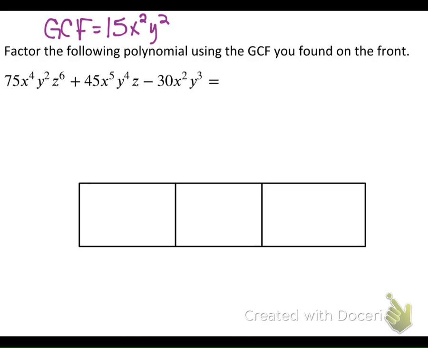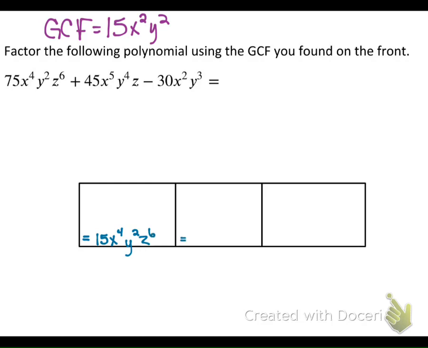So this 75x^4 y squared z to the 6 is the area of my first rectangle. So we're going to put that down there. So it's going to be 75x^4 y to the second z to the 6th. That's my first area.